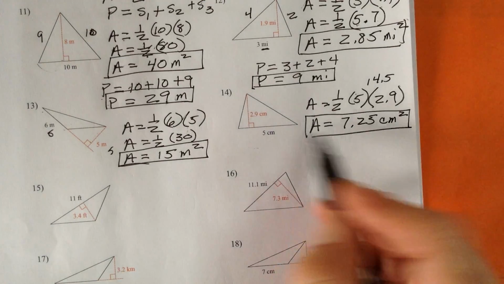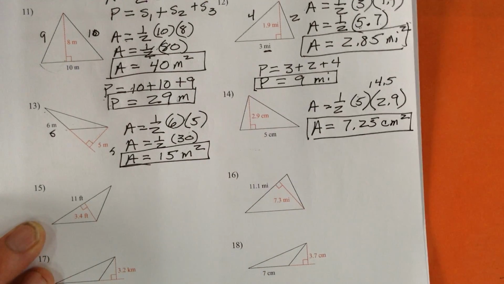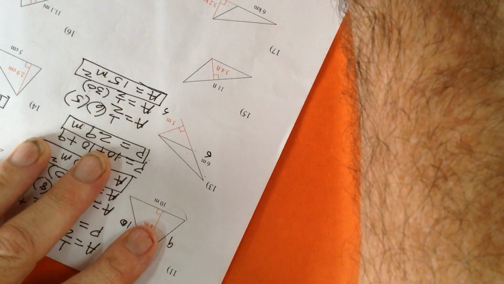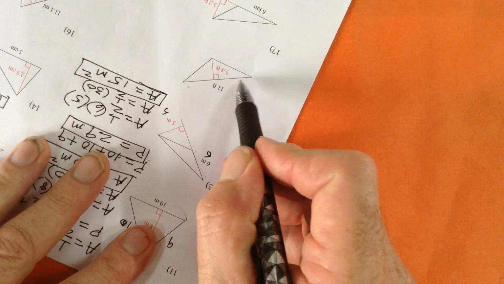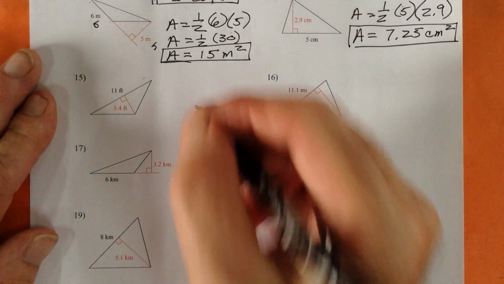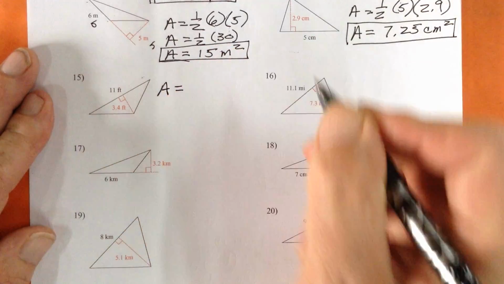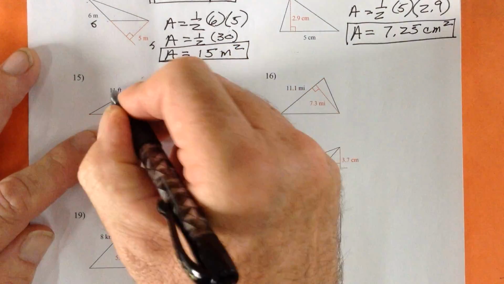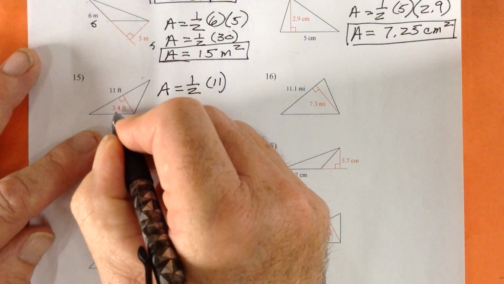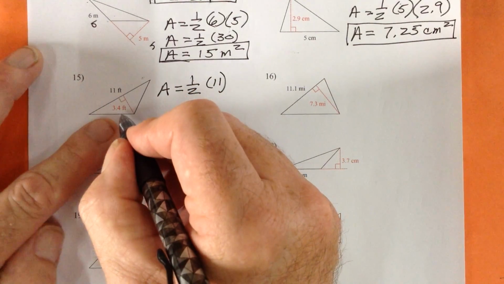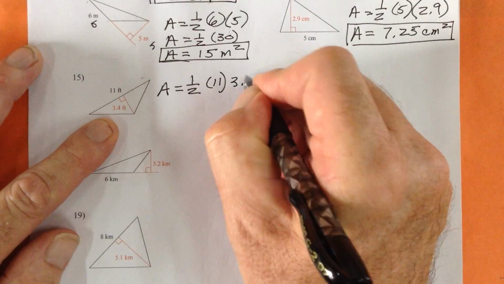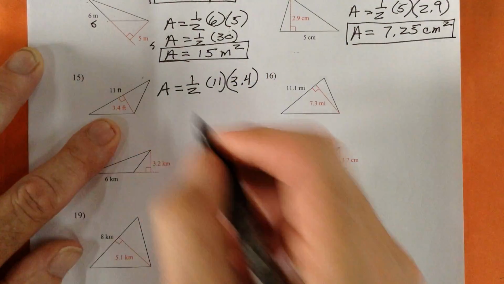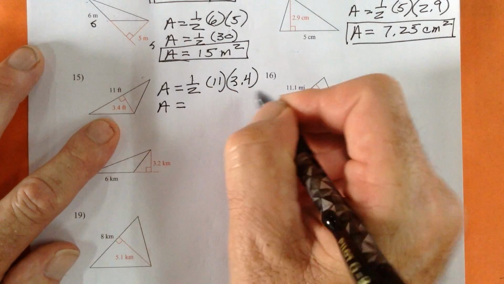I'm going to go a little quicker for time to do the others here. You can see on this one the triangle is kind of skewed. So this would be the base, and this would be the height. Okay? So here, A equals the area would be 1/2 times the base, 11, times the height, 3.4.